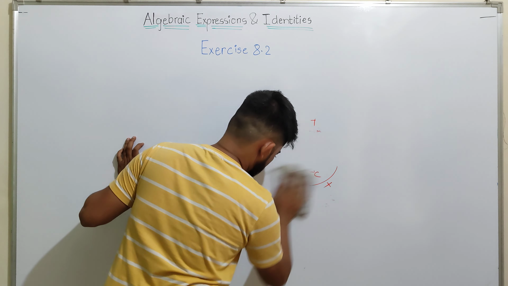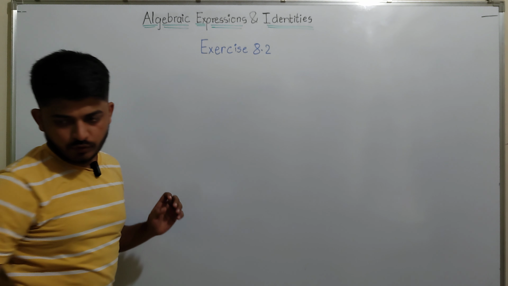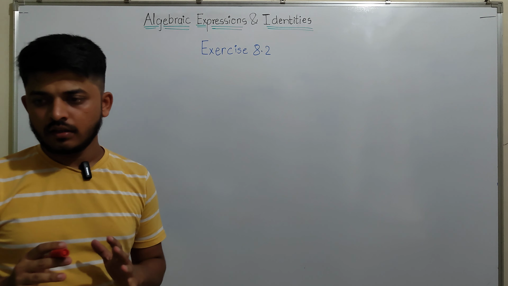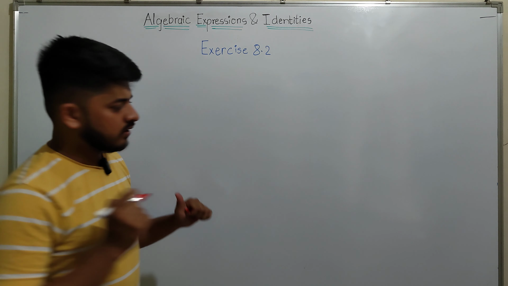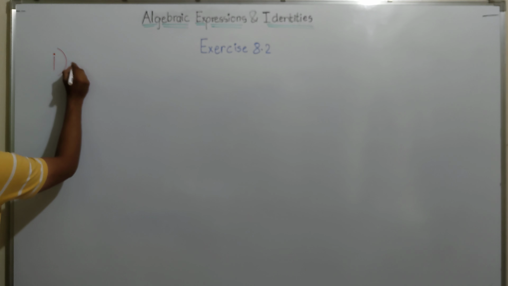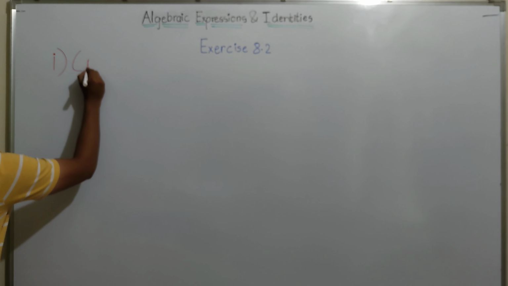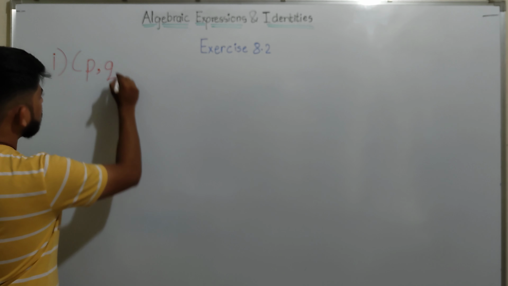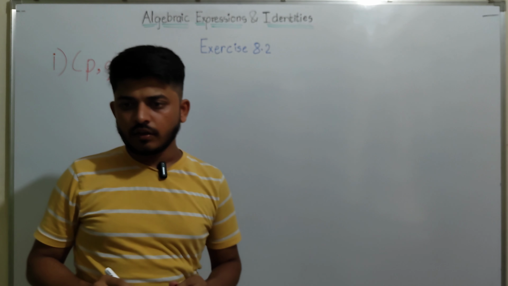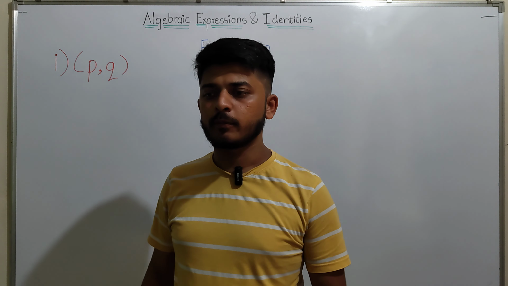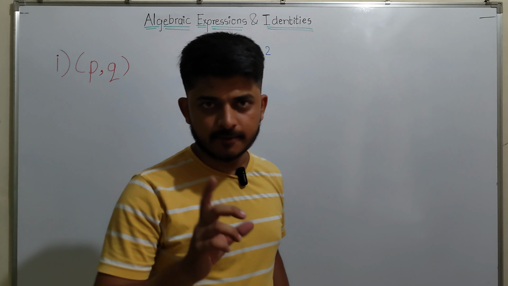Now moving towards the exercise, see like this, the first question is, now see here, read the question very carefully. Find the areas of rectangles with the following pairs of monomials as their lengths and breadths respectively.